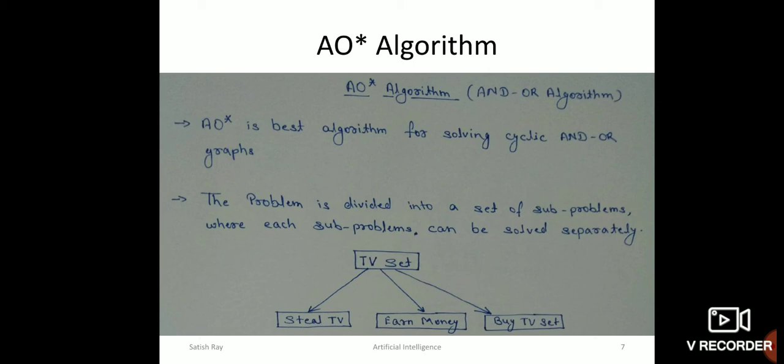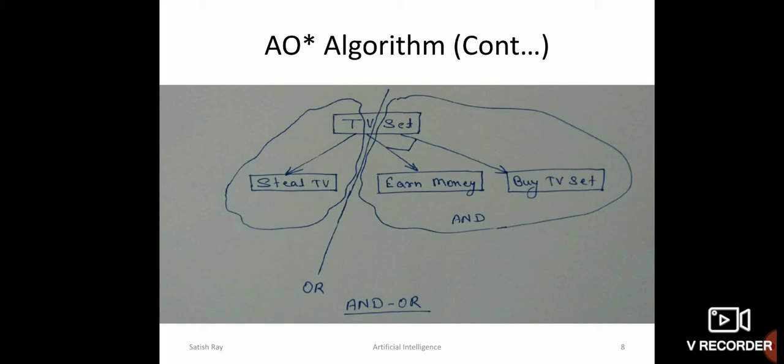So in this type of solution where two steps should be taken simultaneously, in these kinds of situations or problems we can apply the AO star algorithm. We can see here we have two solutions, so we have choices between them, so we have put an OR between them.